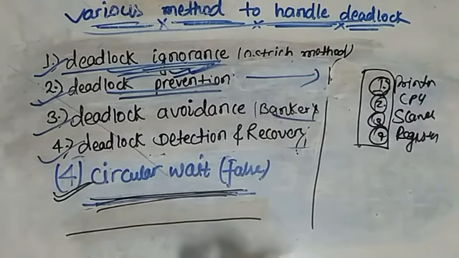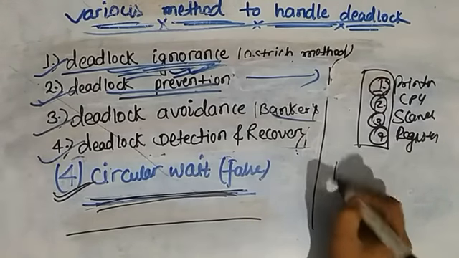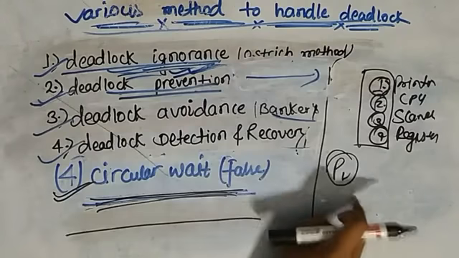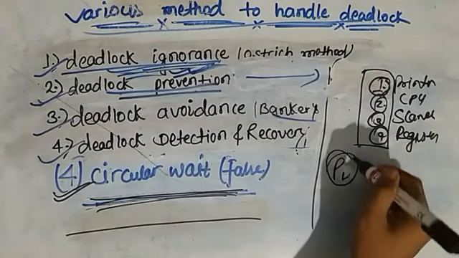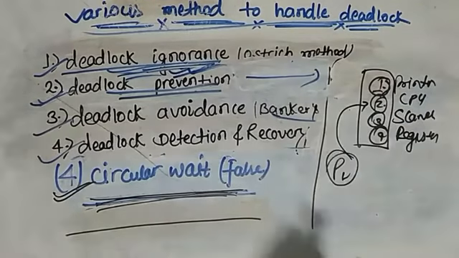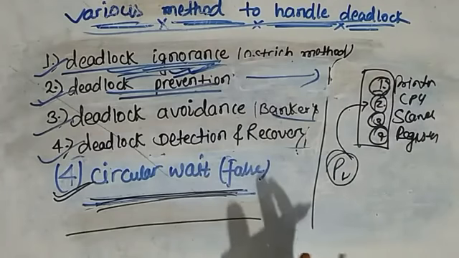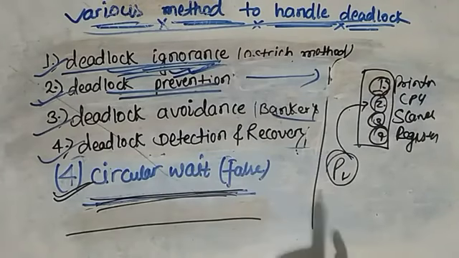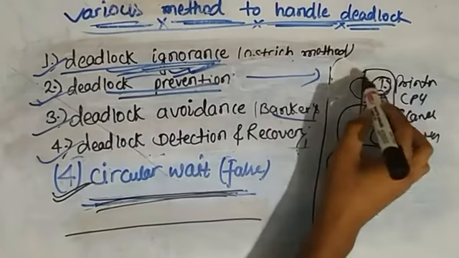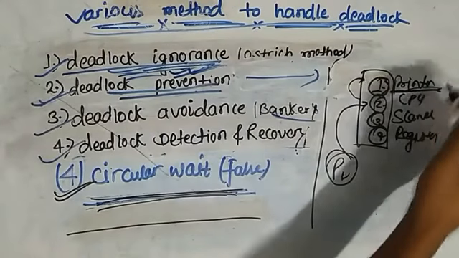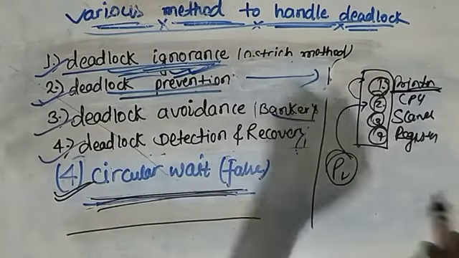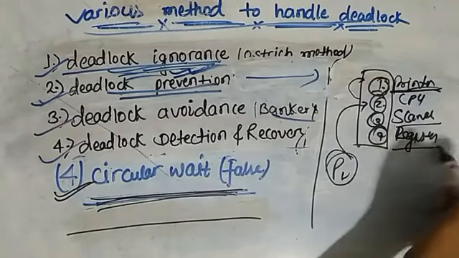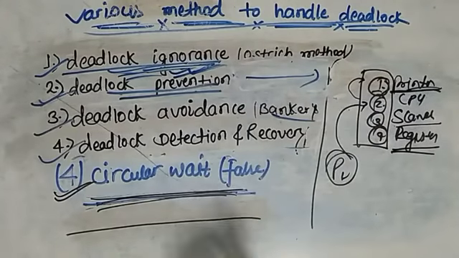We have numbered them because a process can request only in increasing order. That means if process P1 first requests the CPU for its work, then next time it can't request the printer, which has a lower number. It has to request either the scanner or the register. In this way we can avoid the circular wait.